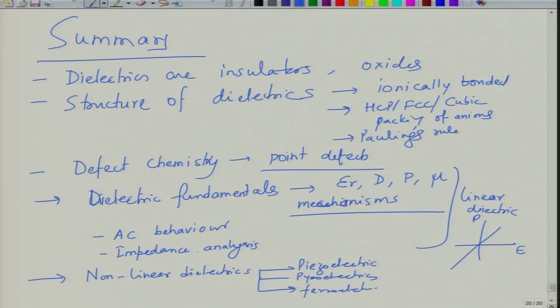While linear dielectrics are used for typical capacitor applications, the piezo, pyro and ferro materials are useful for a variety of different applications. You can use them as sensors, actuators, transducers, you can use them for imaging devices, you can use them for memories. So, they have fantastic behavior because they exhibit properties which are not exhibited by normal dielectric materials.